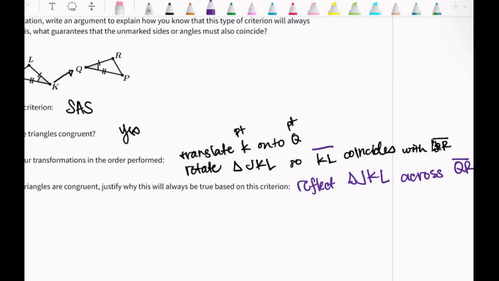J is the same distance because JK is the same length as QP. That means that J has to coincide with P. So when you reflected it back, you can see that those two sides are congruent.